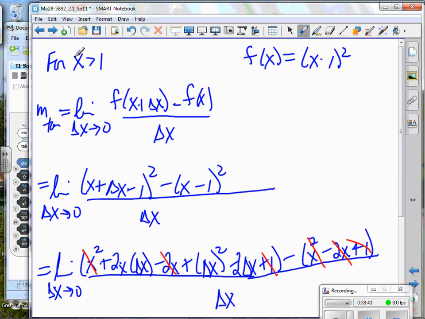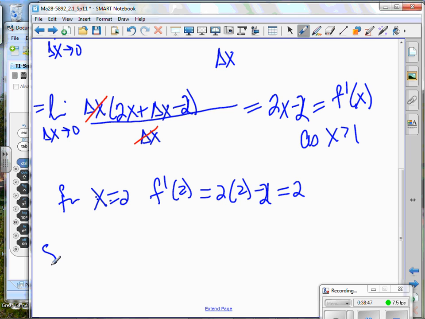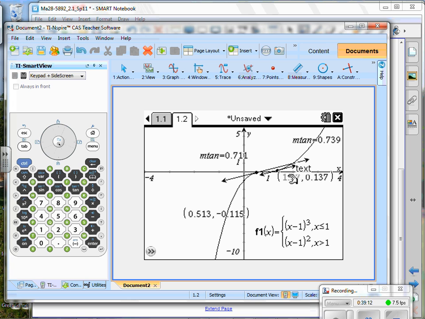Let's make sure they converge, though. So if we could use 1 over here, which we can't, but if we could, what is the derivative? Well, it's 2 times 1 minus 2, or the same thing, right? We found it analytically. We see it graphically.